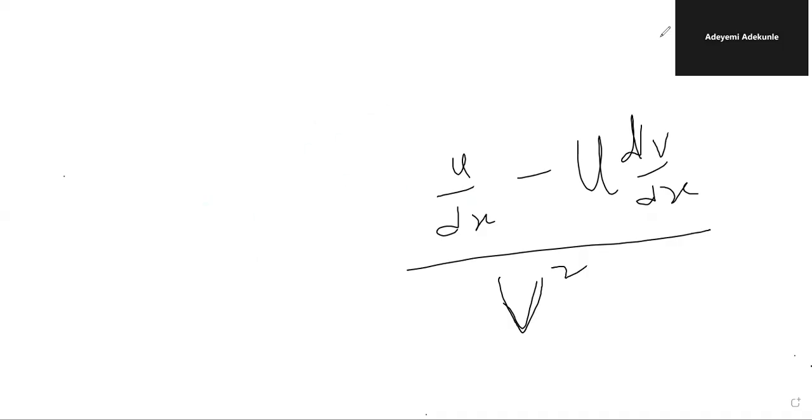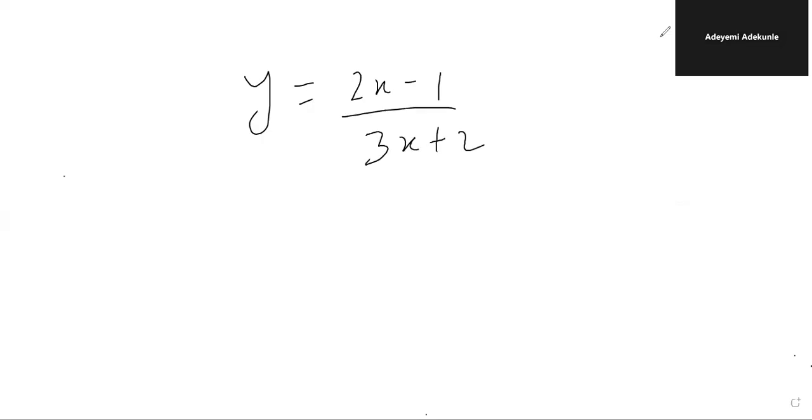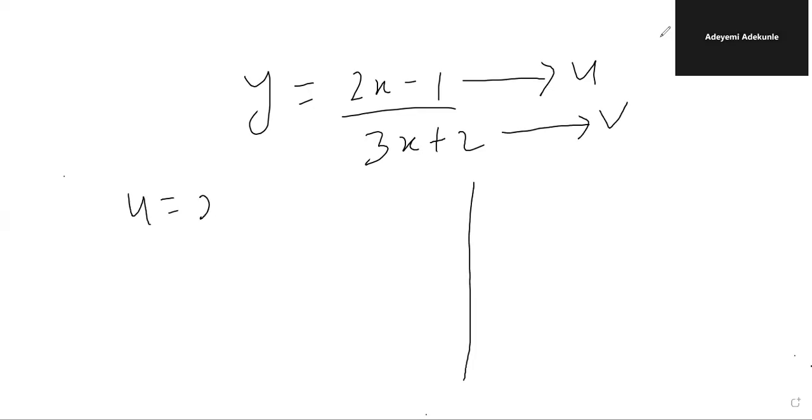All right, let's look at a very simple example on this. For instance, if you have y equals 2x minus 1 over 3x plus 2. This should be your u. So if u equals 2x minus 1, then du/dx means we differentiate it.